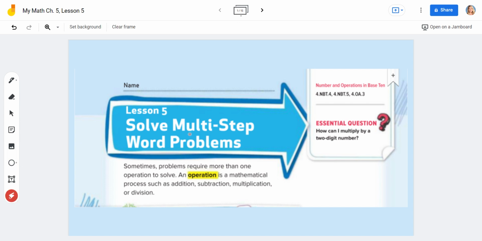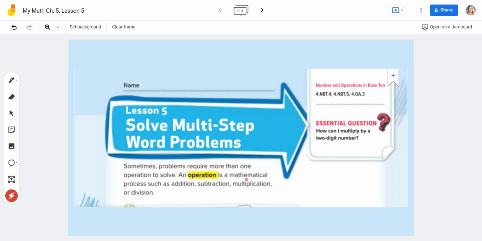So we're looking at problems that have more than one step to them. Anytime we have problems that have more than one step with them, it's very helpful to write an equation to solve those problems.